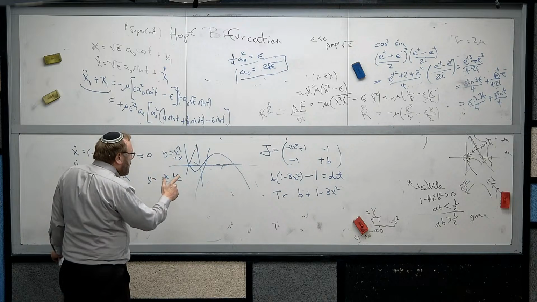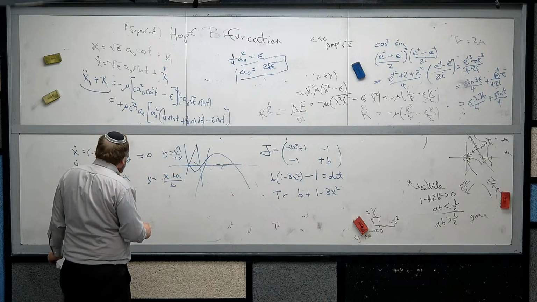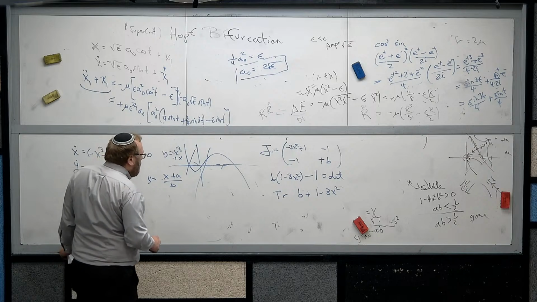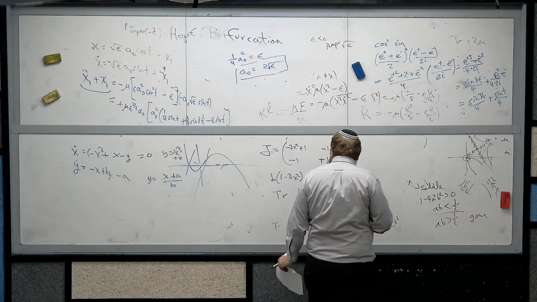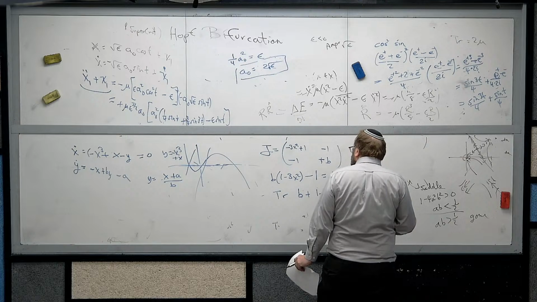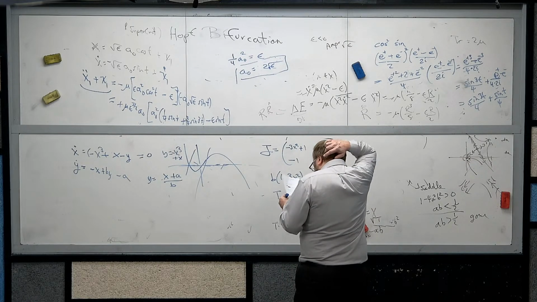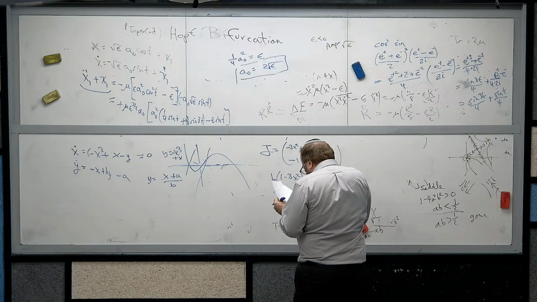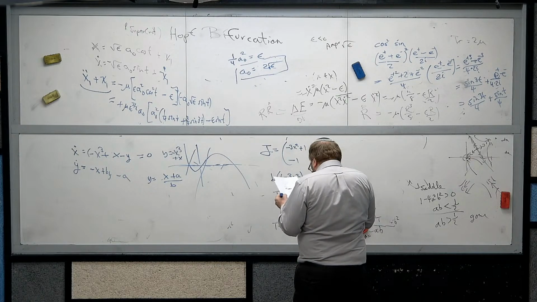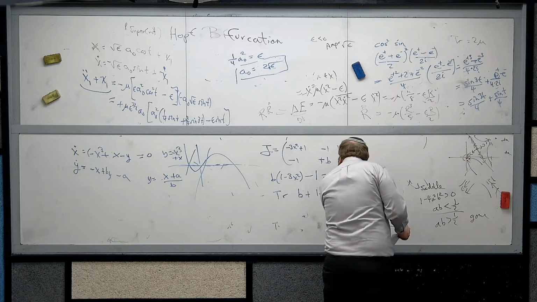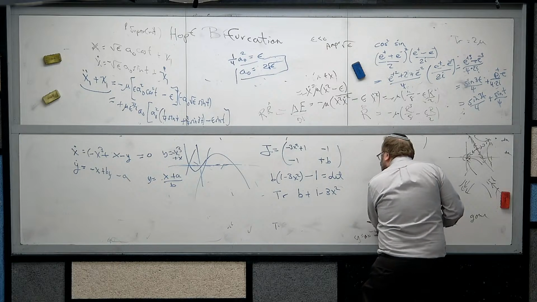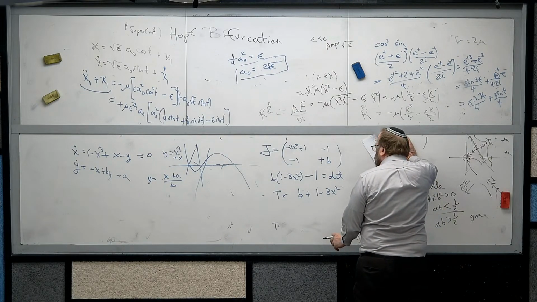B times 1 minus 3x squared. And so the trace, yes.